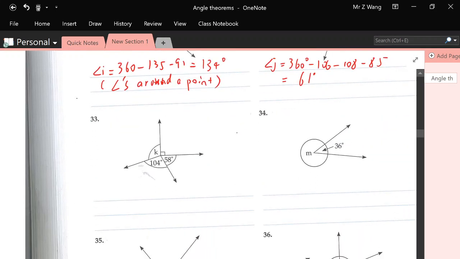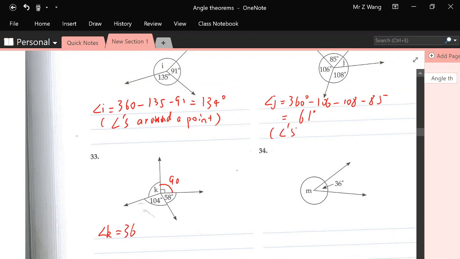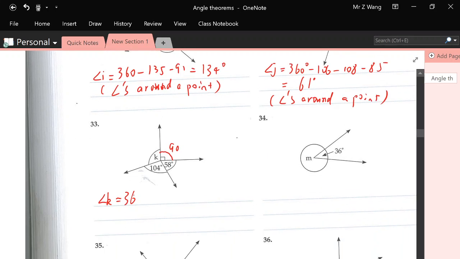Now this is a little bit special because they want you to realize this is a right angle, which is 90. So angle K equals, oh wait, by the way, I forgot the right angle. The angles around a point: this is 360 minus 104 minus 58 minus 90. Don't forget the 90, otherwise you end up with the wrong answer.